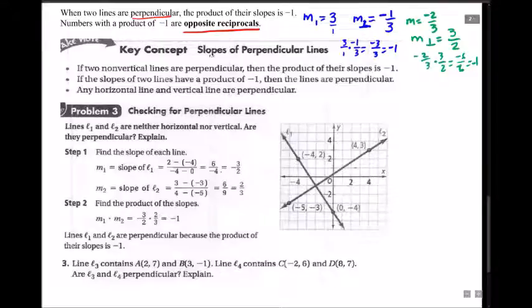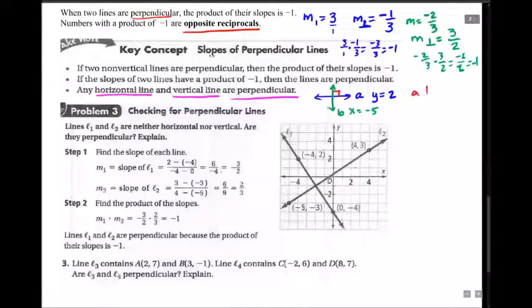One thing to remember is that any horizontal line and vertical line are going to be perpendicular. Again, this is going to come in handy later on. So if we have a horizontal line A, which is y equals 2, and our vertical line B, which is x equals negative 5, these are always going to be perpendicular.